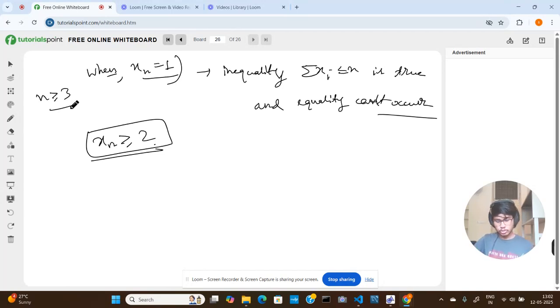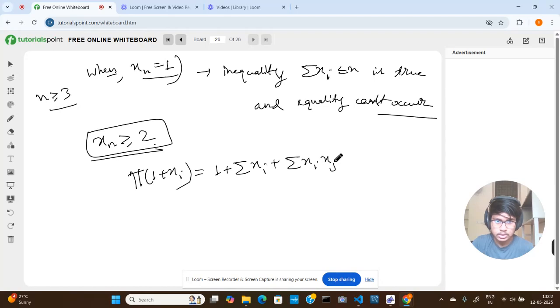When xn is greater than or equal to 2, let's look at one thing. We have this product of 1 plus xi. This will be something like 1 plus summation xi plus summation xi xj plus summation xi xj xk and so on.